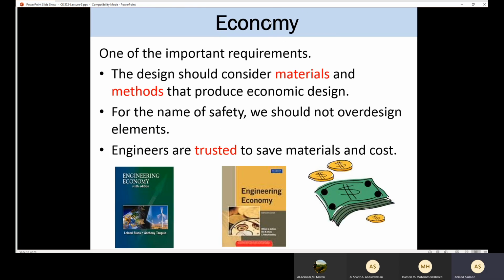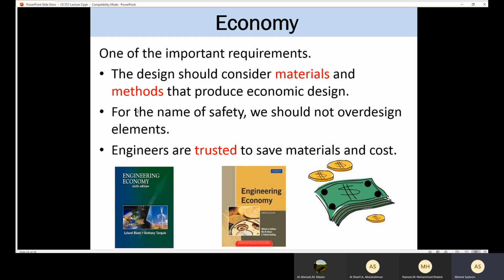Also, we have the economy. Economy is one of the important requirements, because in the design, we should consider the materials and the method that can produce an economic design. So, for example, I don't need to use expensive material that's going to cost me a lot.